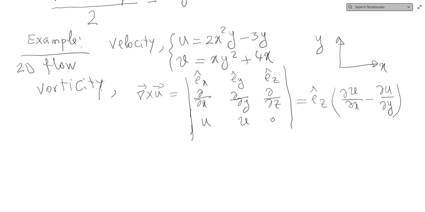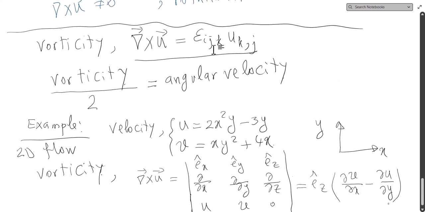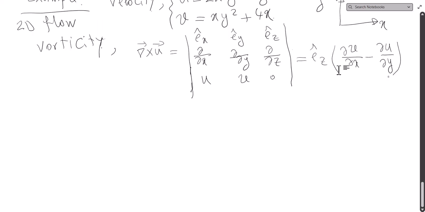You can see this also from the index notation, because if i, j and k go from 1, 2, 3, then if i is 1, the derivative with respect to z will be 0, and so on. The only components that survive are i3, j1, k2 and i3, j2, k1, and therefore we get the expression that we have here.